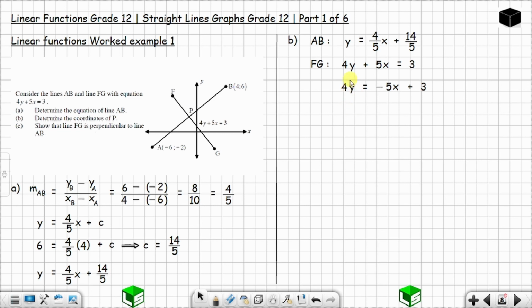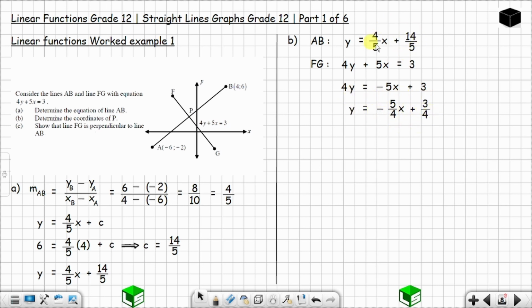So you have y is equal to negative 5 over 4 x plus 3 over 4. Now you have the equation of the line FG in the form y is equal to mx plus c.